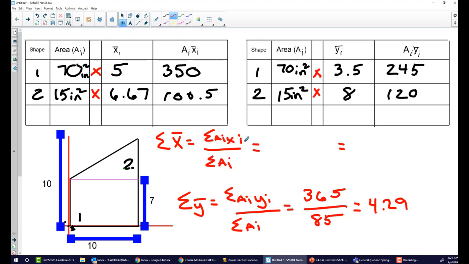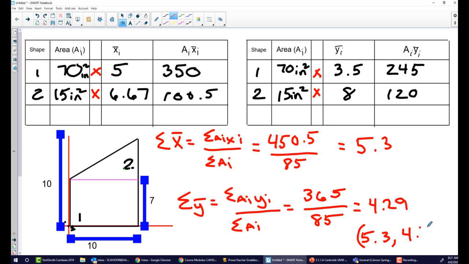So the sum of A_i x_i, this plus this, I think I did 350 plus 10.5 in my calculator. So 350 plus 100.5 is 450.5, divided by 85, which is 5.3. So our new coordinates are 5.3 and 4.29. So we go across.